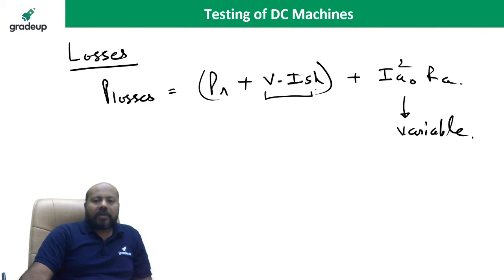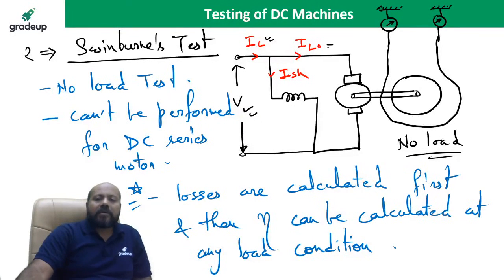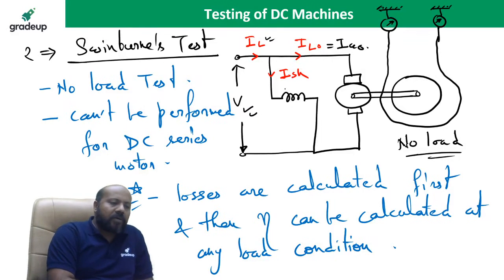How are you going to find the shunt field current ISH? This ISH you can calculate as IL minus ILO. This ILO is nothing but the armature current in case of no load condition. So you can find the shunt field current, as the supply voltage is applied to the field, so you can find the losses in the field winding.